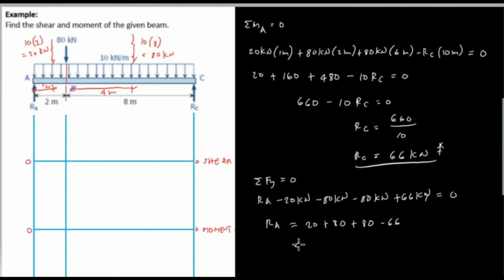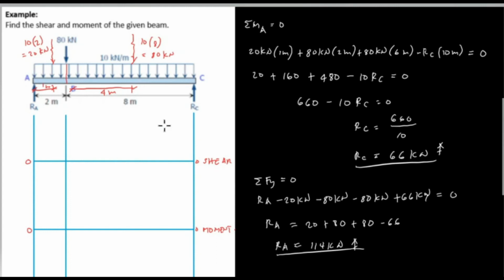So 20 plus 80 is 100 plus 80 is 180 minus 66, and the value for RA is equal to 114 kilonewtons. So this is the value for RA, which is 114 kilonewton and going upward.